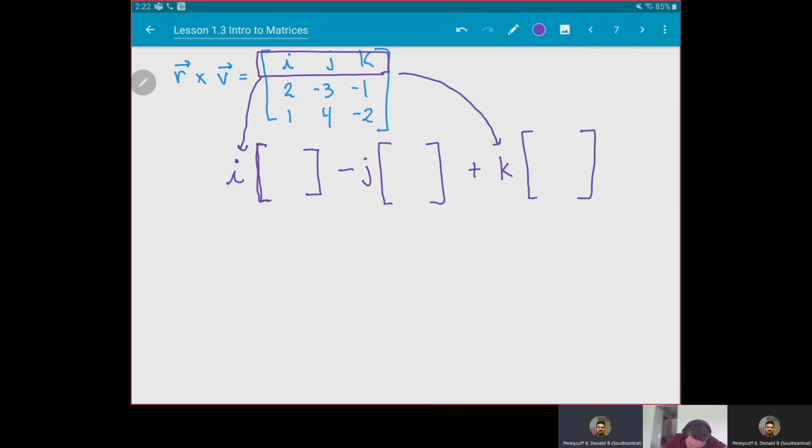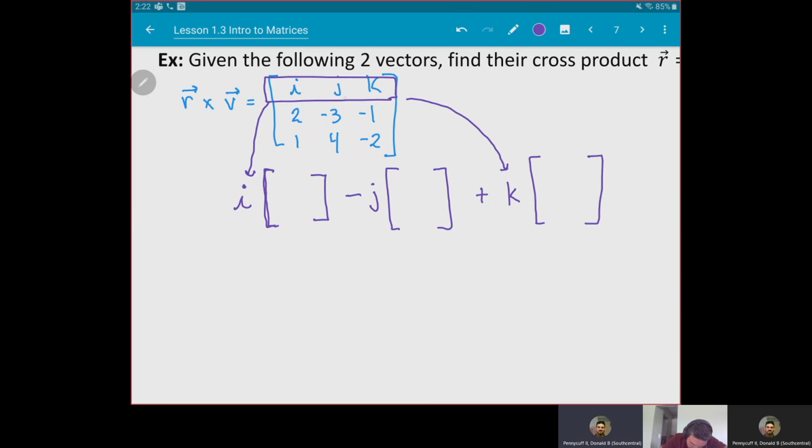So these values are just coming down. Okay, remember that the negative in the middle is part of the problem. And then for the i, I simply cover up this row and column, and then my four numbers are -3, -1, 4, -2.